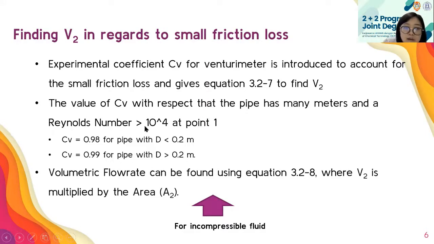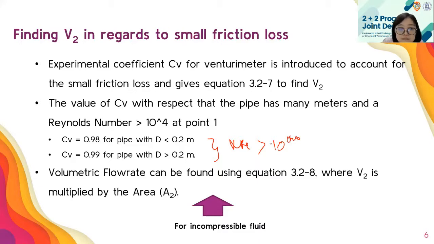So for a Reynolds number higher than 10,000, at 0.1, the CV for a diameter of 0.2 meter is 0.98. However, if the pipe has a diameter higher than 0.2 meter, when the Reynolds number is more than 10,000, it's 0.99. Both of these must have an NRE higher than 10,000.